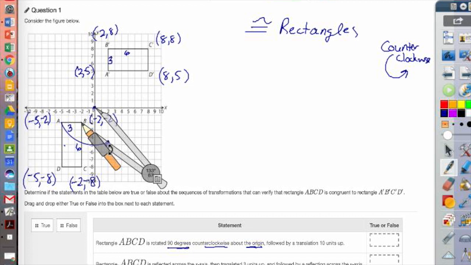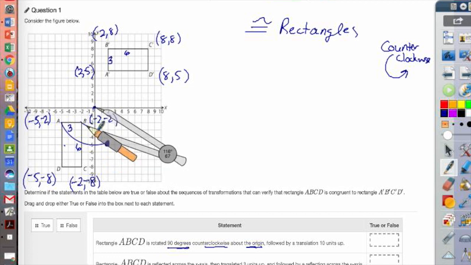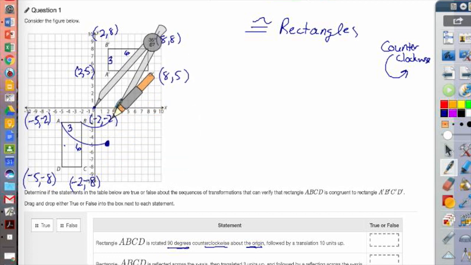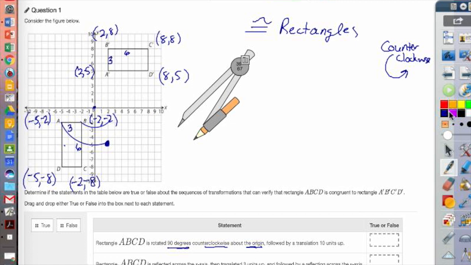Okay, I think we're ready. We're looking to rotate it 90 degrees, which is about right there. Let me get a different color here to help you out. It looks like we have a dot here and a dot approximately there. A went to here and B went to here.